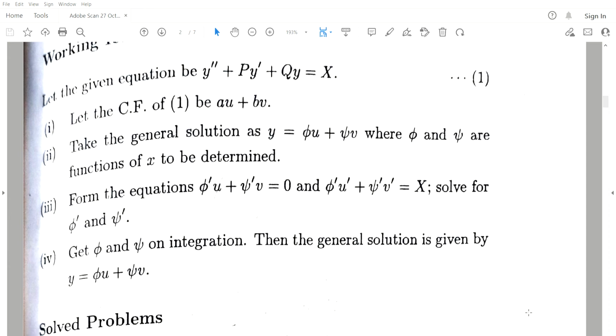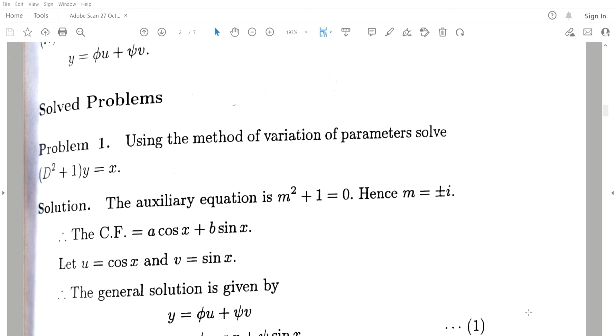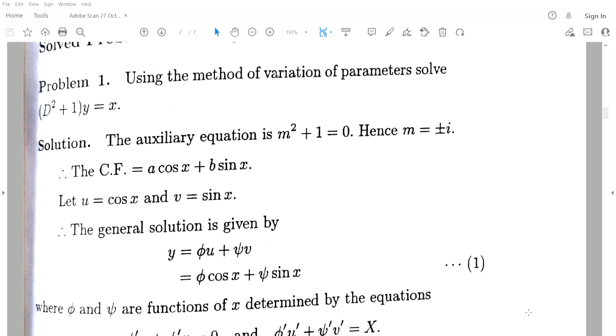Let us see a solved problem. Problem number 1. Using the method of variation of parameters, solve (D square plus 1) y is equal to x. This is the given differential equation. First of all we will have to find the complementary function.